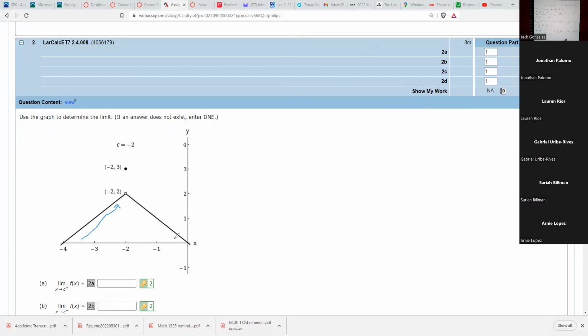From the left, from the right, what am I approaching? When I say left and right, I'm talking about the x values. I'm approaching -2. So what is the function doing? What is the y value turning into?